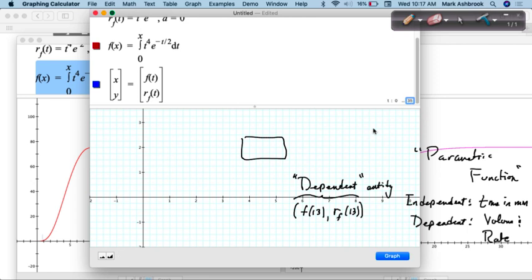So now I'm going to change. Instead of showing all the points as t varies from 0 to 1, I'm going to show all the points as t varies from 0 to 35. And we'll zoom out. And there it is.